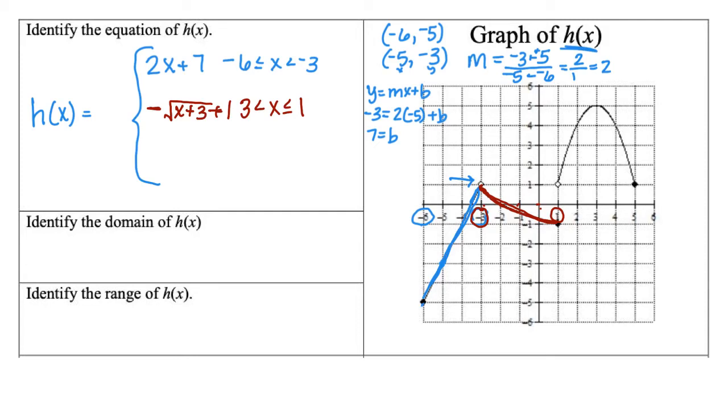And then it looks like we've got a parabola. So let's look at that one. Let's change our color again. For this one, it looks like we are bounded between 1 and 5.